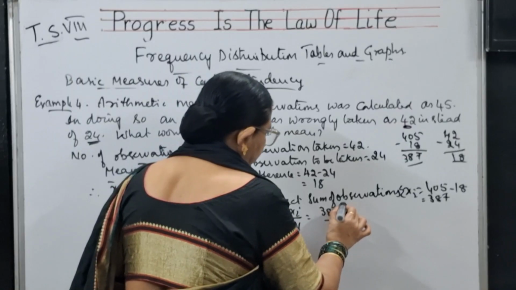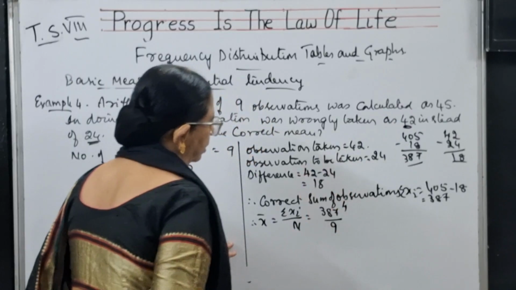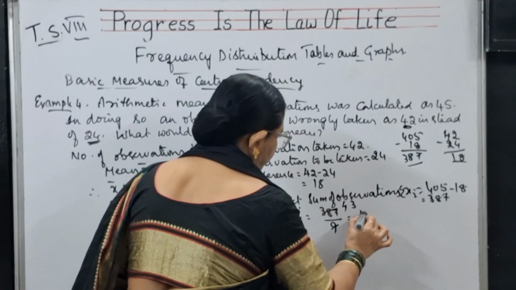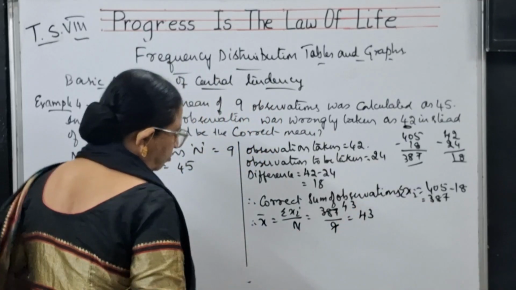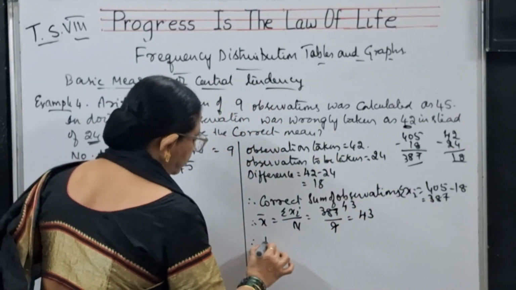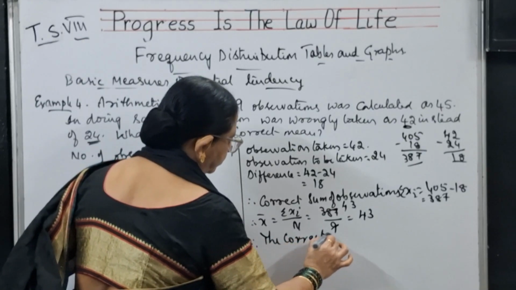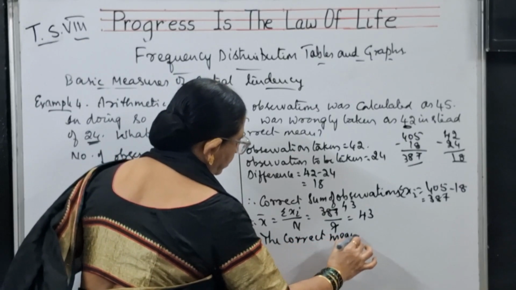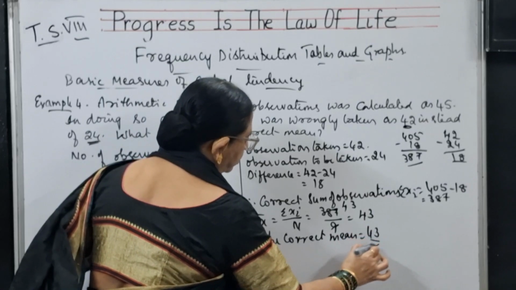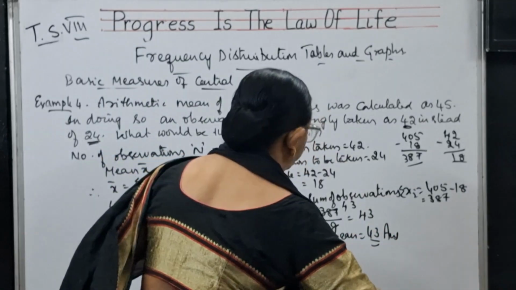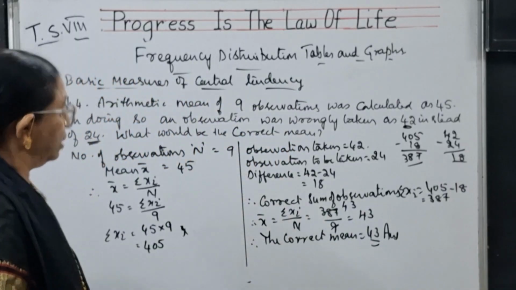How much are you getting? 9 fours are 36. 9 threes are 27. So you are getting it as 43. Therefore, the correct mean is equal to 43 is the answer, children. Please note it down. I hope I am clear, children.